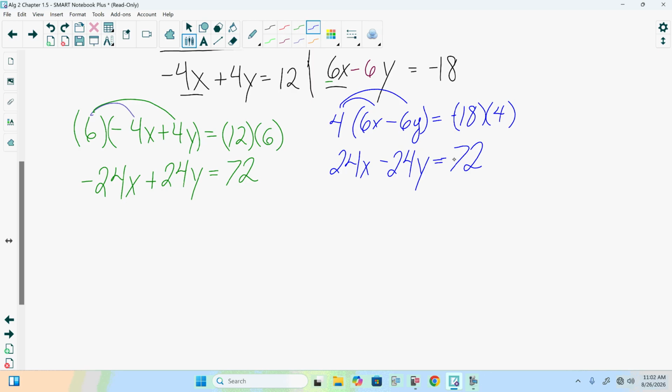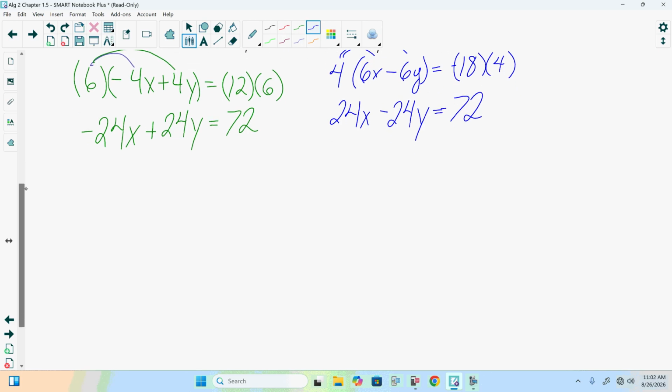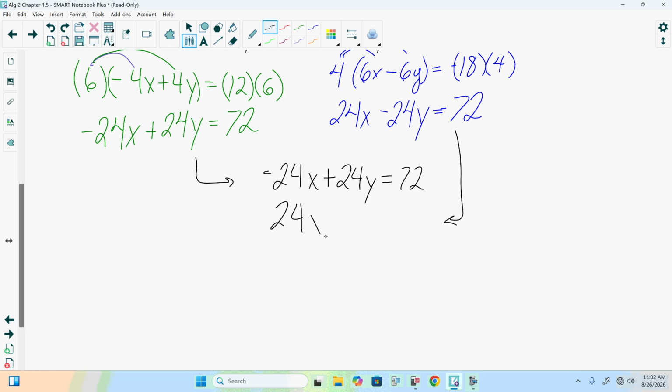So let's see what happens when we eliminate x. So we can take this one, and it doesn't matter which one we put on top and which one we put on bottom. But we do need to put one of them on top and one of them on bottom. And we get this set up here. Now we need to figure out if we're adding or subtracting.